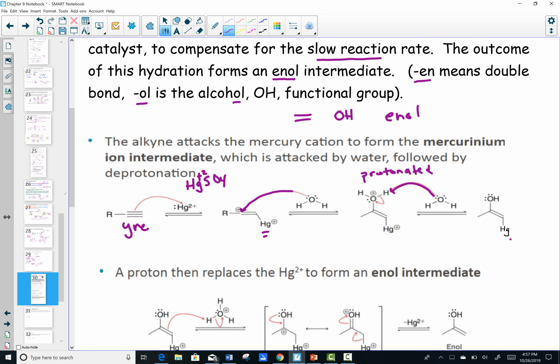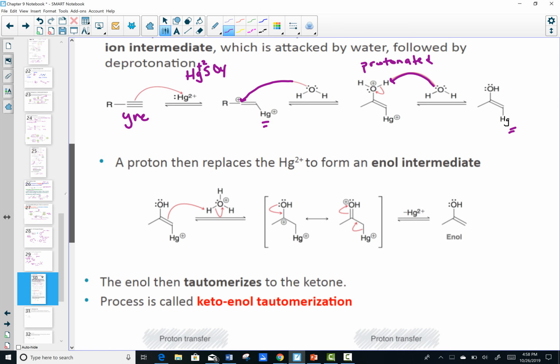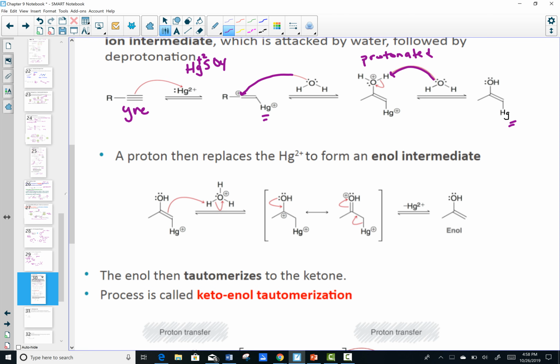Notice that the mercury ion was there the whole time to prevent any type of rearrangements from occurring. Very similar to using mercury from the previous chapter to hold a position and prevent any type of rearrangement. Same strategy here. As we go on, the second pi bond now needs to be eliminated.